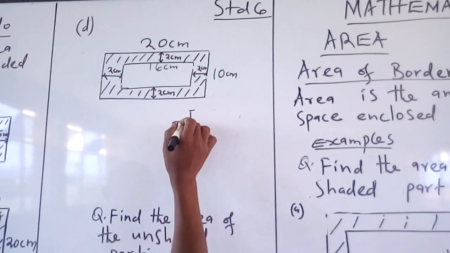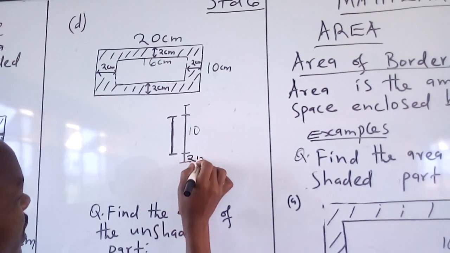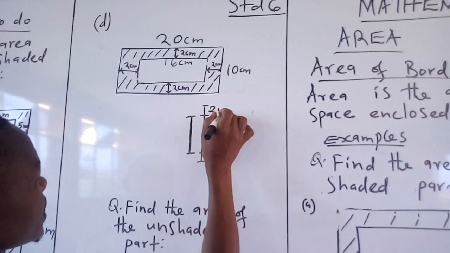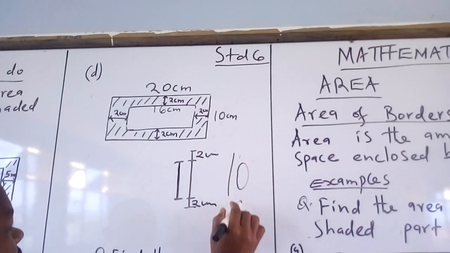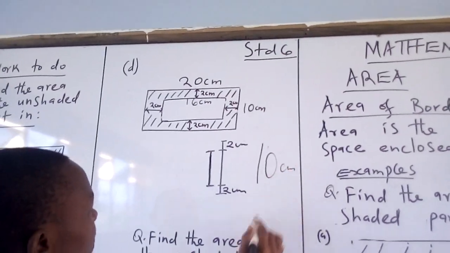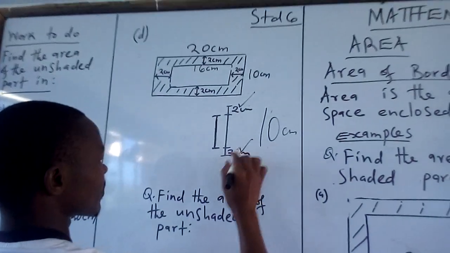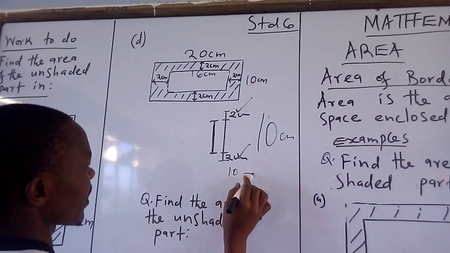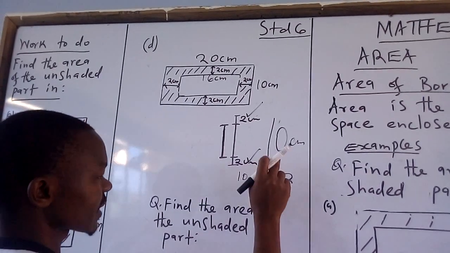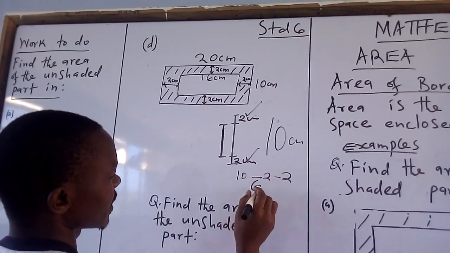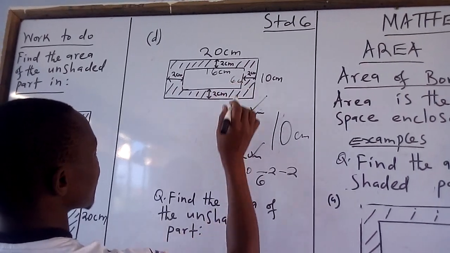From here to here is 2 centimeters, and again from here to here is 2 centimeters. Remember, the whole thing was 10 centimeters. For us to get this width, we subtract this, and again we subtract this. So this is going to be 10 minus 2 minus 2. 10 minus 2, you get 8, minus 2, you get what? 6. Therefore, our width is going to be 6 centimeters.